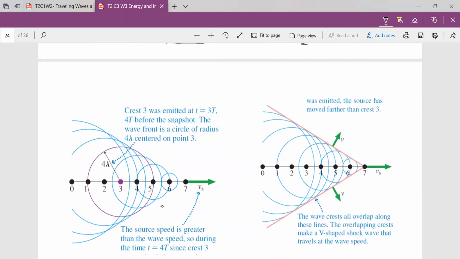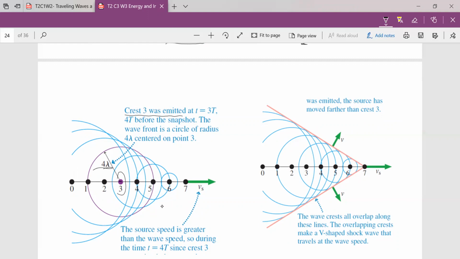The crests, on number 3, these are the 3 crests with the purple circle there, with the distance r being 4 lambda. Remember that we said whenever a wave is produced, the motion of the source does not really affect it, because once the wave has been produced, it continues traveling.